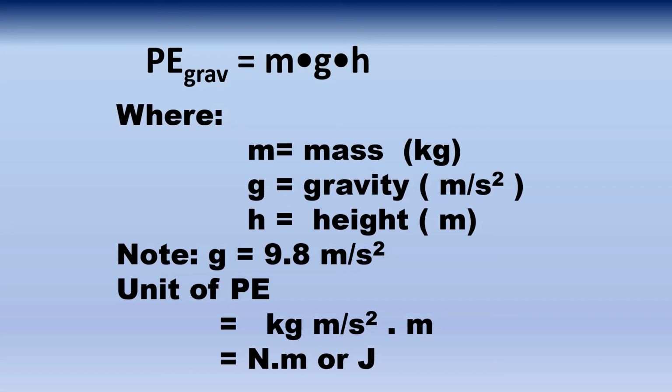So how do we find the unit for potential energy? Substitute the unit of mass, which is kilogram, then g is meters per second squared, and h is meters. Combine kilogram meter per second squared, that is 1 Newton. Copy this remaining meter, so it becomes Newton meter, or J, or joules. This is the unit of potential energy.